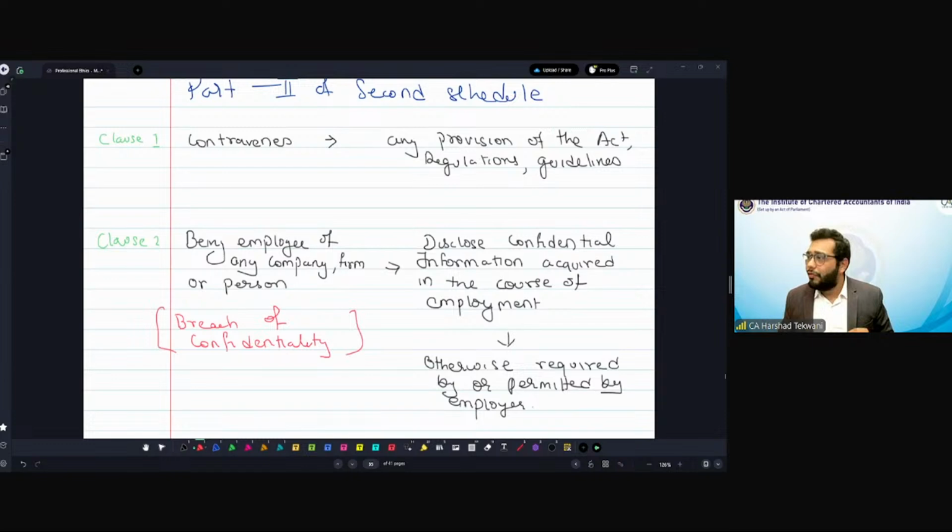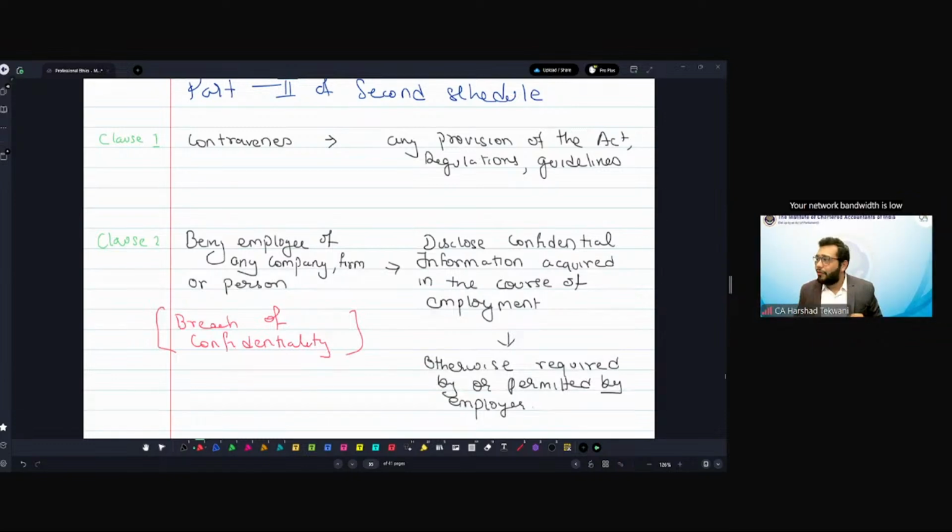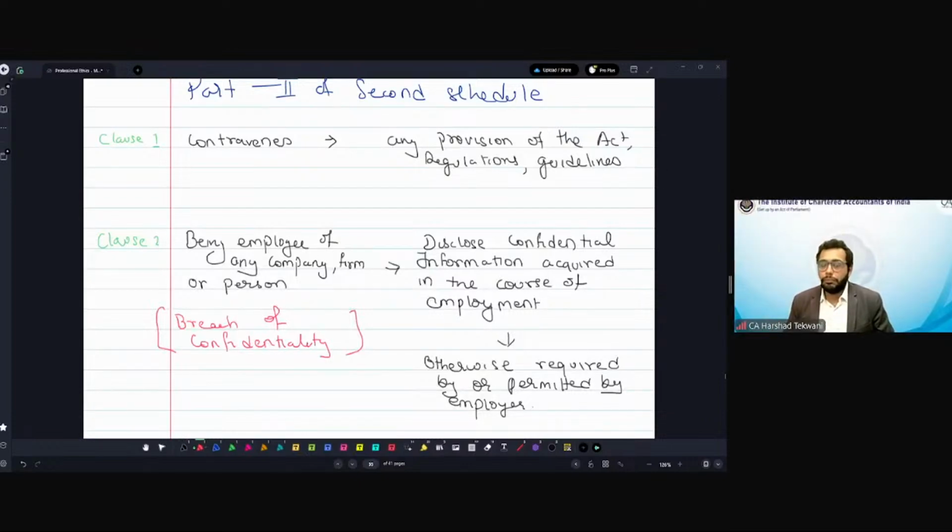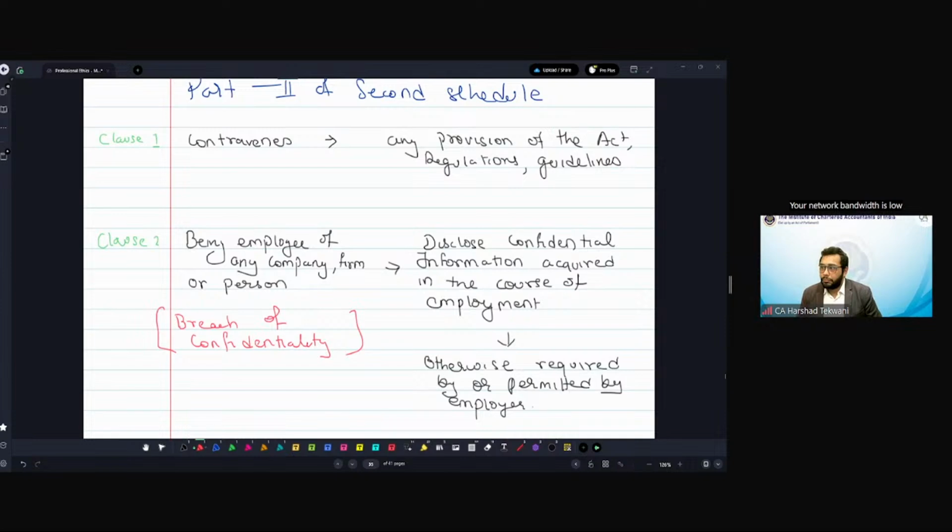Can anyone tell me which is the same clause applicable to a CA in practice or member in practice? Part 1, clause 1. Yes, absolutely correct. Part 1, clause 1, we already discussed, that is applicable to a chartered accountant in practice.